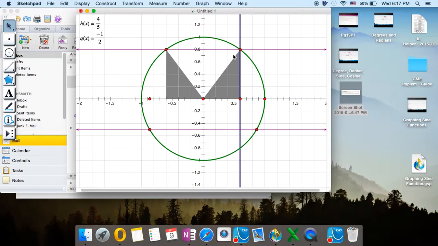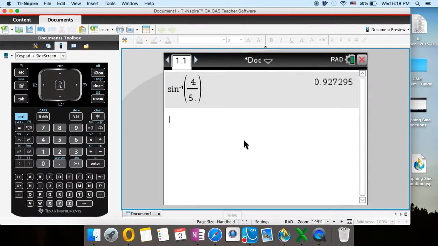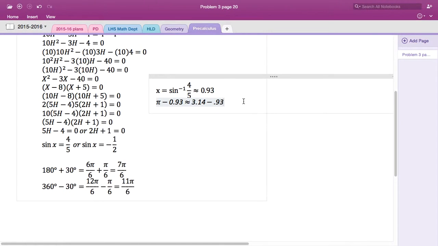But we know half a circle is pi. So for the other point it's pi minus 0.93, which is approximately 3.14 minus 0.93, which is 2.21. So those are the answers, 2.21.